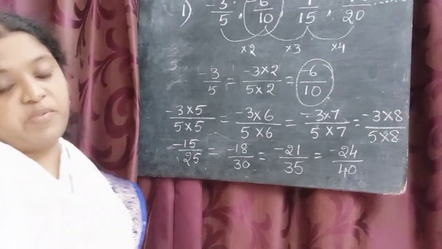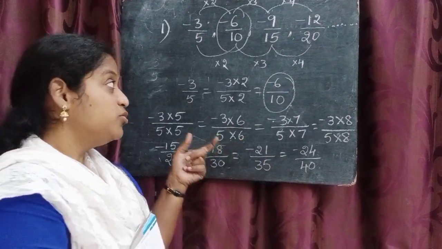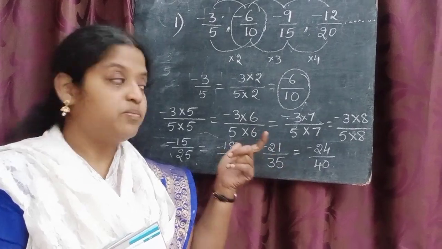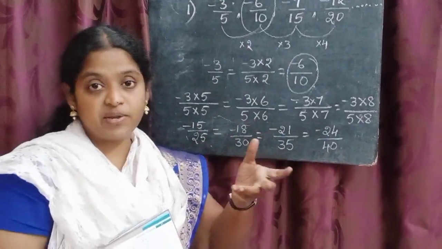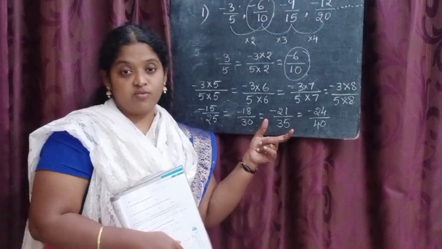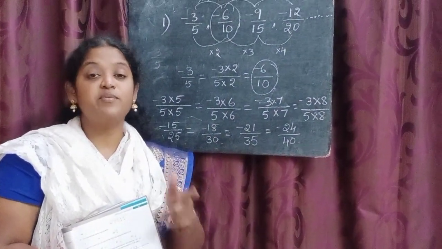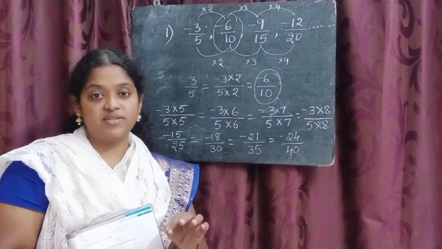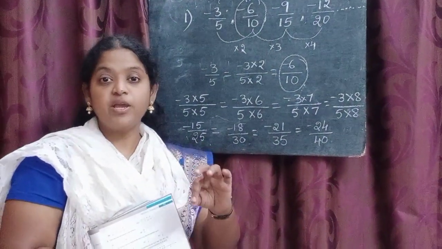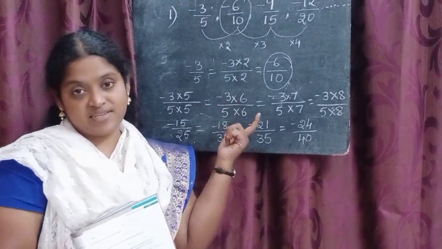But one thing you should remember, to do all these problems or calculations, multiplication, division, whatever it may be, what should you know, children? You should know the tables first. Learn the tables. 2 to 20 tables should be on your tongue. Then only you can do it very easily.